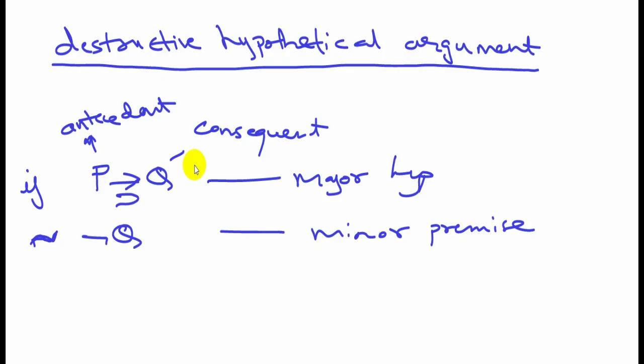So what it means is, if P then Q, the minor premise will deny the consequent and the conclusion will deny the antecedent. Not Q, therefore not P.